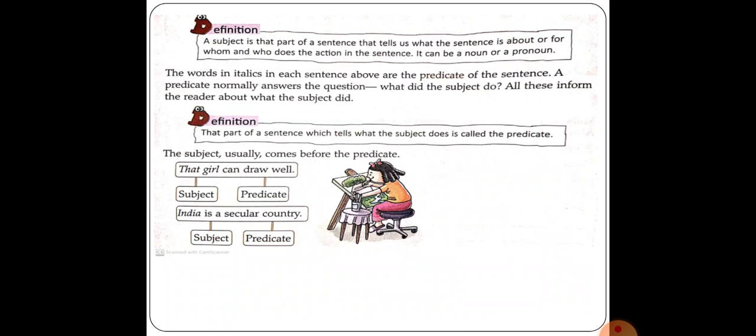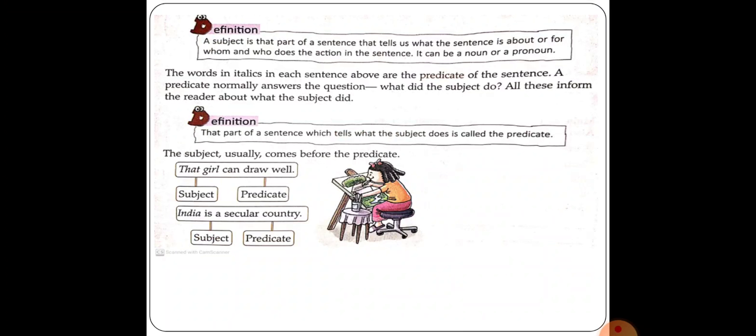The words in italics in each sentence are the predicate of the sentence. A predicate normally answers the question, what did the subject do? All these inform the reader about what the subject did.